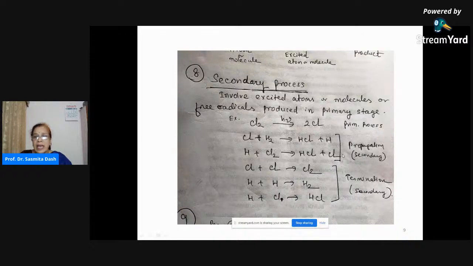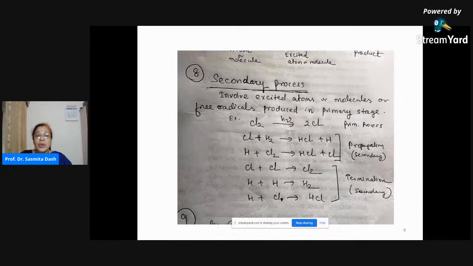Now let us enter into the second level of the secondary process, where we have now 2 atomic chlorines developed here or here. They will combine to become the molecular chlorine, which is less reactive.